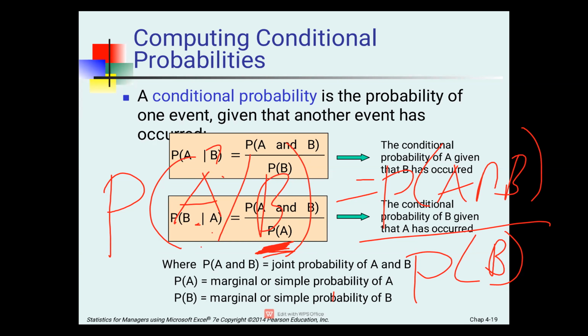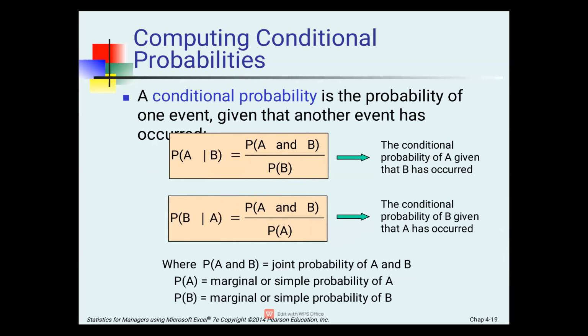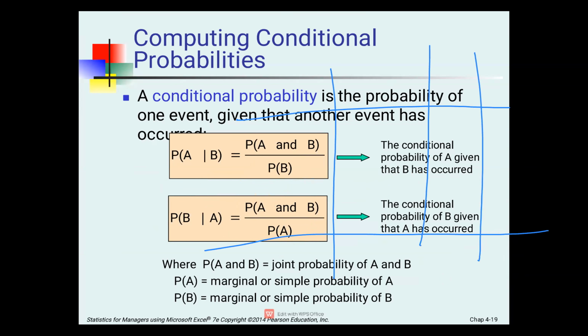Let me give you a very short example. This is the probability of students passing and failing. Let's have pass and failed, and let's have male and female, so that you understand.